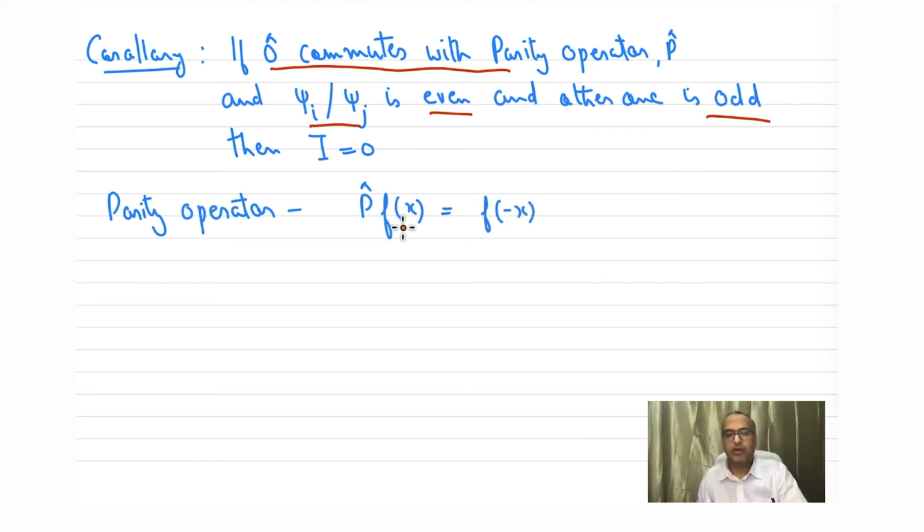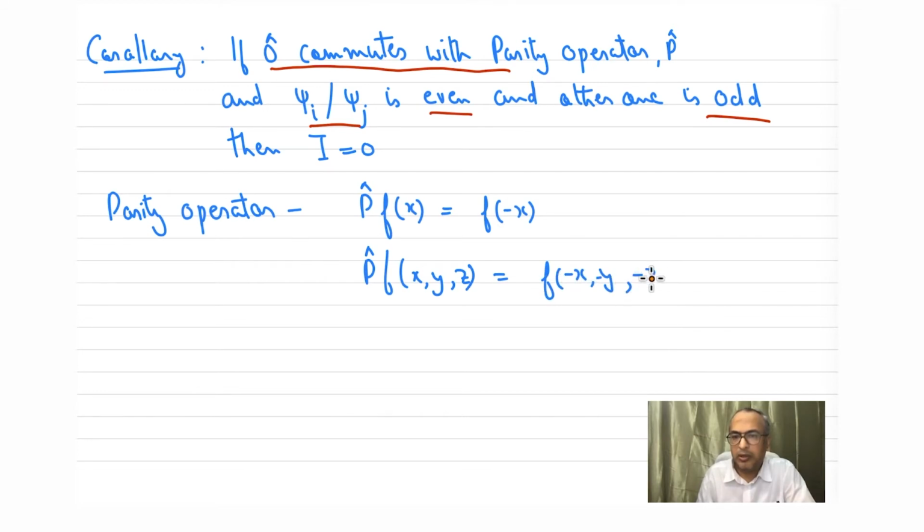So if it's a function in one variable, P on f(x) will give you f(-x). If it's a function in, let's say, three variables, all three variables will have inverted signs: x to -x, y to -y, z to -z. Okay, so it's like flipping a function through the origin. So it's very clear, right?